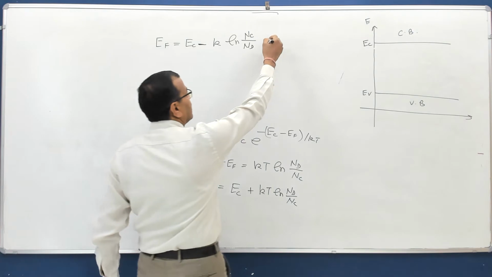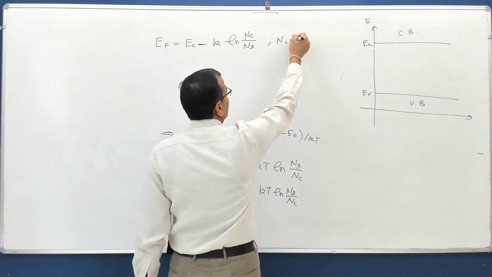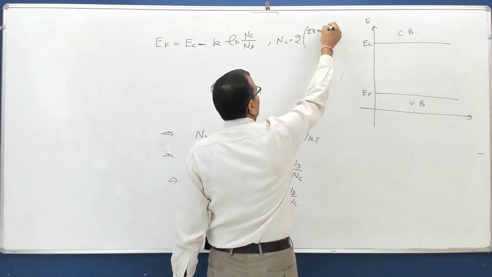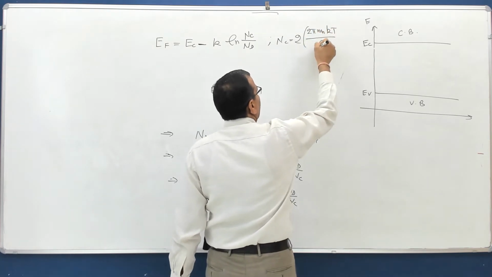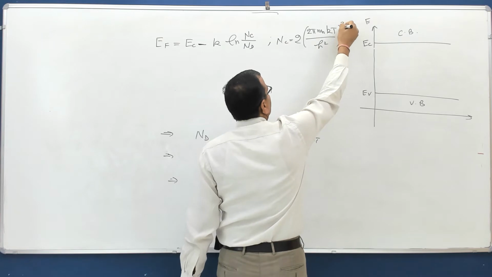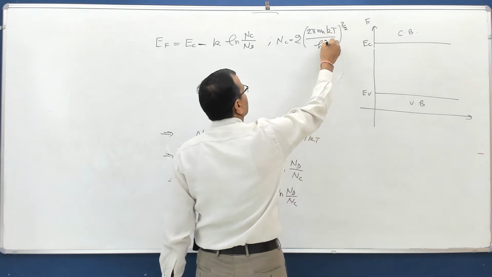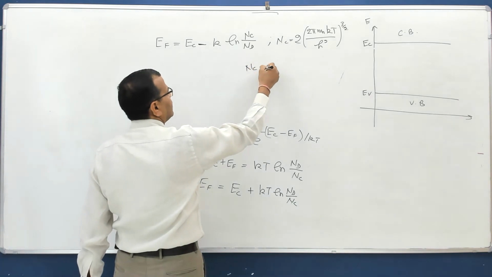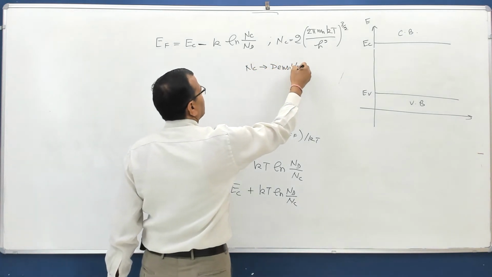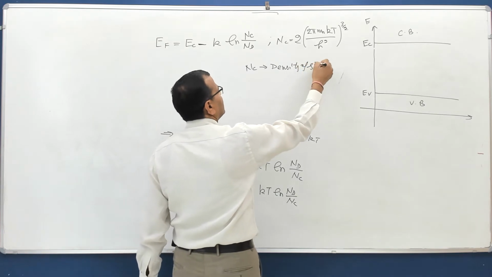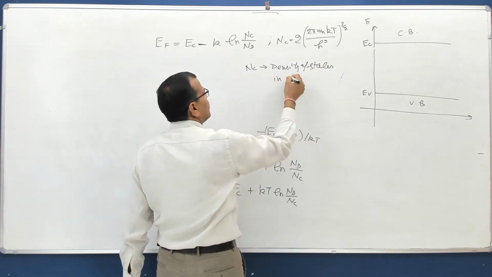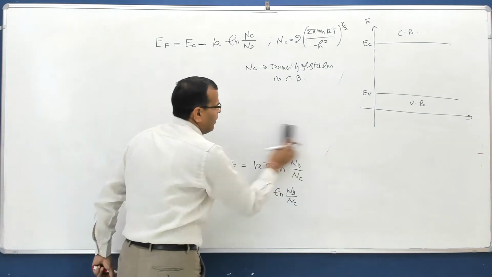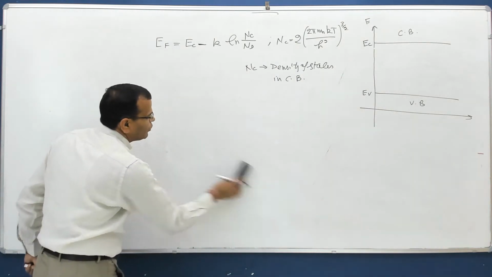I repeat, this Nc is equal to 2 into (2 pi effective mass of electron Kt by h square) power 3 by 2. That is nothing but Nc. Nc is called density of states. I repeat, Nc is what? Density of states in conduction band.